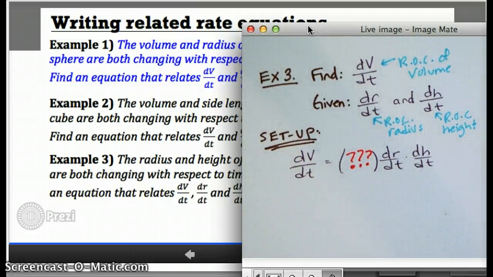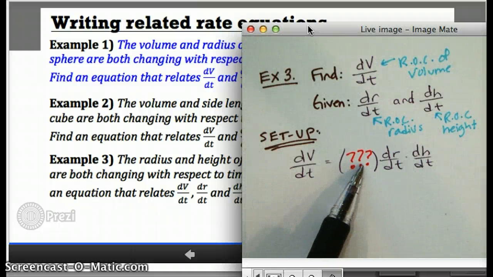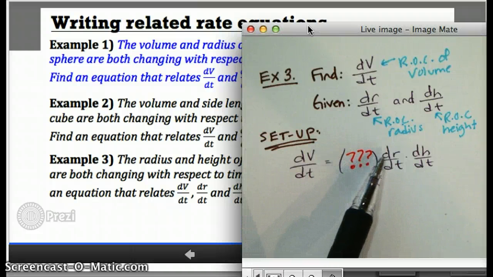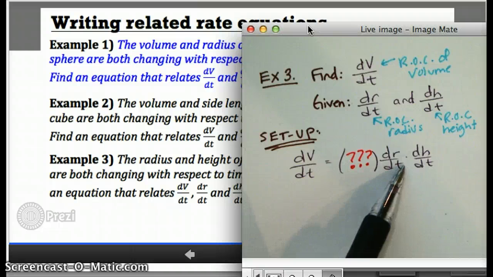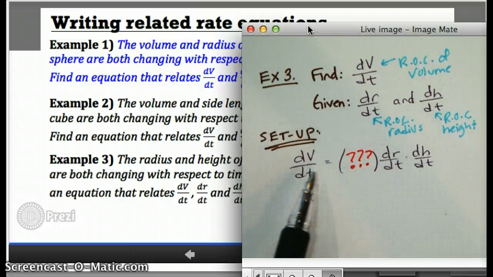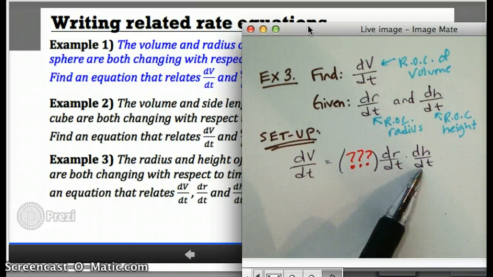And that would make sense to me because it's kind of difficult to figure out what should go in this blank. Obviously, we need a v on top, but if you think about it, we need a dr on the bottom and a dh on the bottom, and we're not supposed to end up with 2 dt's on the bottom. We need just 1 dt on the bottom, so somehow one of those needs to go away.